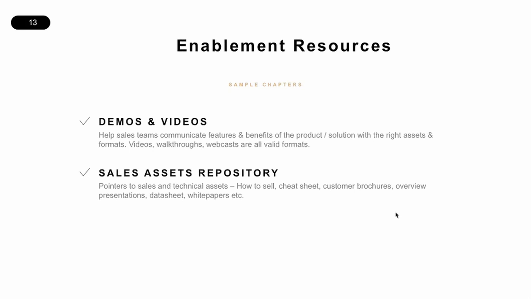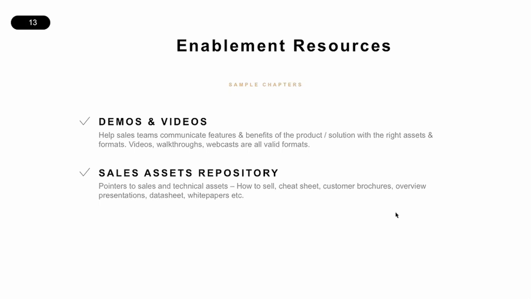Again, being able to have content in various formats, being able to have self-running demos, being able to have walkthroughs, being able to have webcasts of previous demos that were done are all very handy, as salespeople often run into a myriad set of situations, especially around the prospects being able to have the time to parse through some of these content.